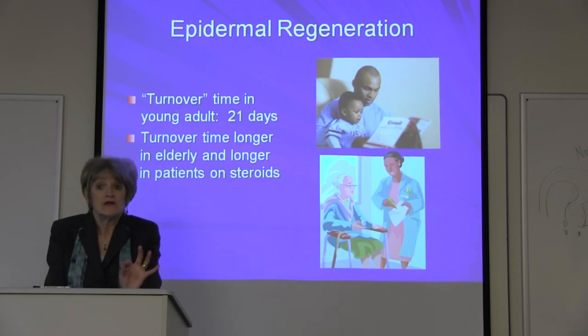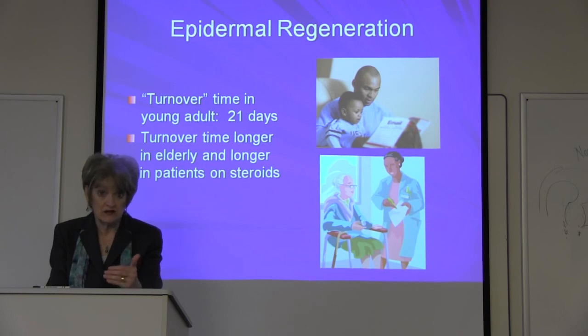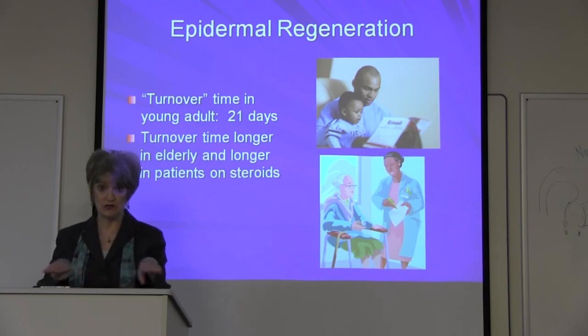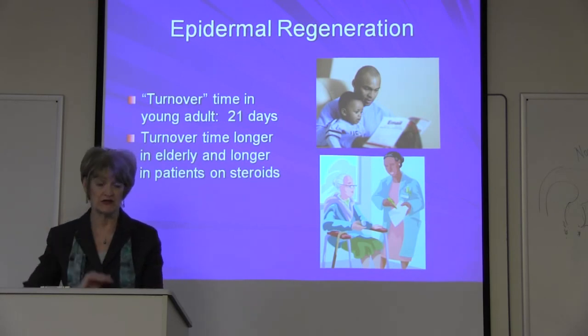You know from taking care of patients and family members that infants and children heal very quickly and have very fresh looking skin. And you know that the elderly heal much more slowly and their skin looks old and tired. So what's the difference? Well, aging and illness prolong the period of time required to get new cells from that reproductive layer to the skin surface.